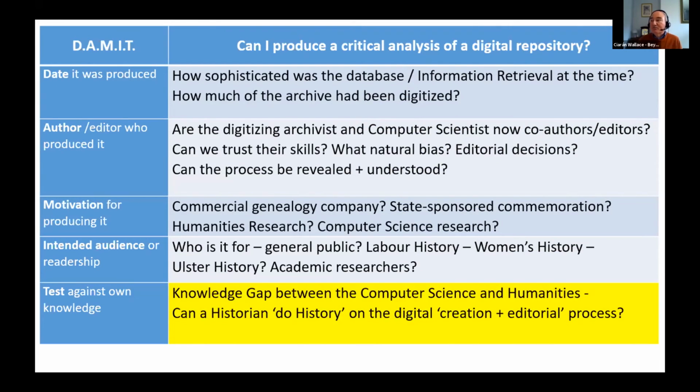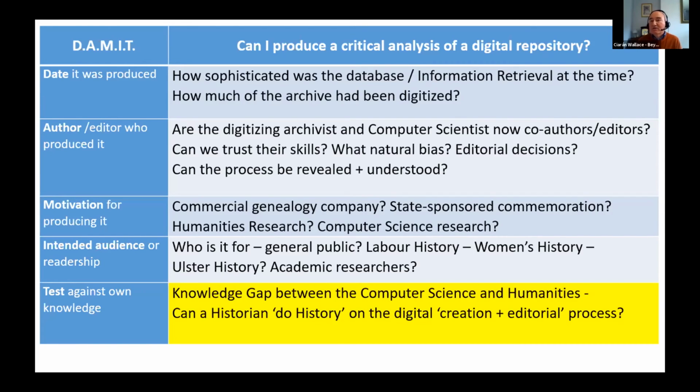You can look at the date that was produced, what was the level of technological advancement when the digital archive was created, author, editor. Are the digitizing archivist and the computer scientist now co-editors, co-producers of this new record? What do you know about their skills, their natural biases, their editorial decisions? The motivation for producing it could be commemorative, it could be commercial, it could be a pure research project.